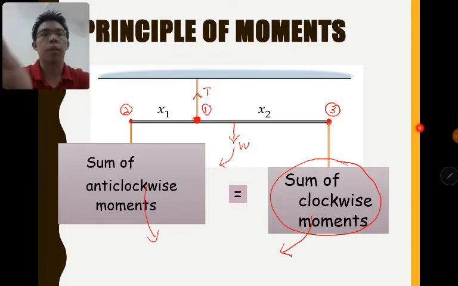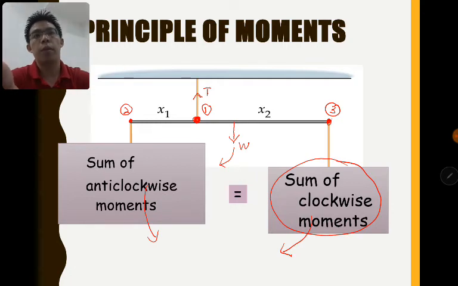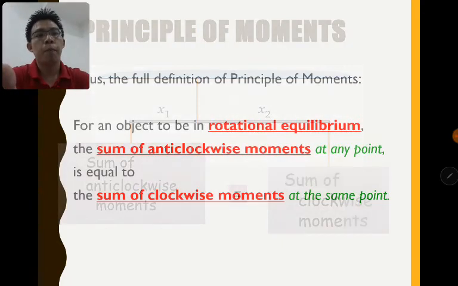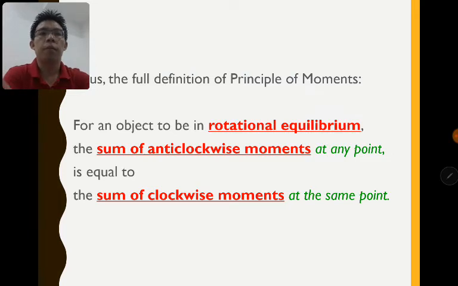Okay, so let's look at the word form of this principle, now that you understand what I said. For an object to be in rotational equilibrium, the sum of anti-clockwise moments at any point, which is what I was trying to highlight just now, is equal to the sum of clockwise moments at the same point.